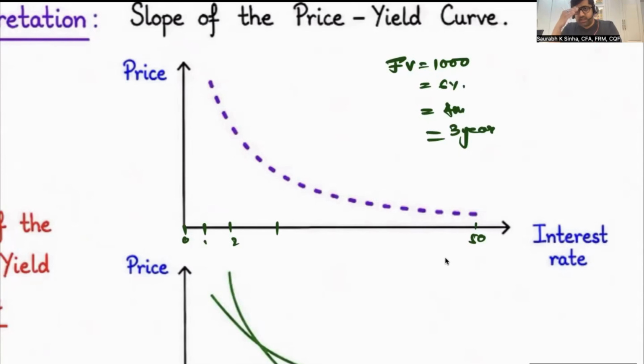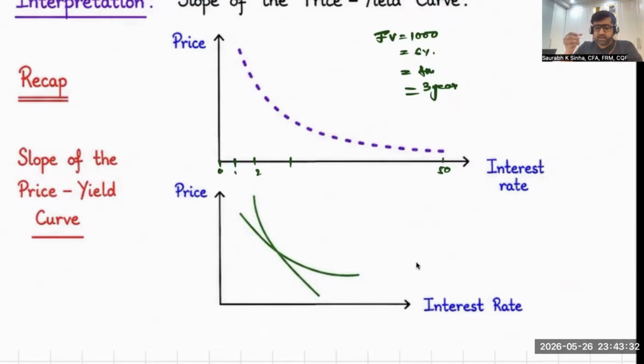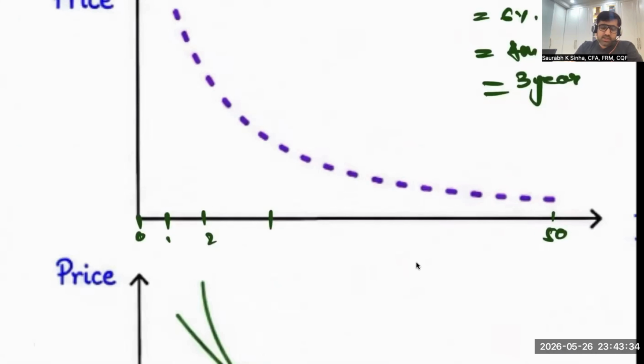Definitely this curve highlights the inverse relationship between price and interest rate. That's awesome. But it is a curve. It's not a straight line. And if you don't remember, we also tried to represent this in the Python notebook. Now I'm saying that in this price yield curve, duration is the slope at a given interest rate.